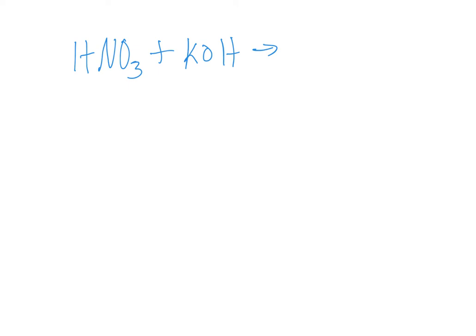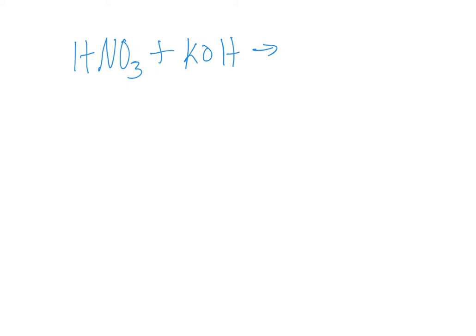So let's do another example here. Let's take the common acid of nitric acid and mix it with a common base of potassium hydroxide. I want to give you guys a couple minutes to see if you can find out what the products are from this neutralization reaction.